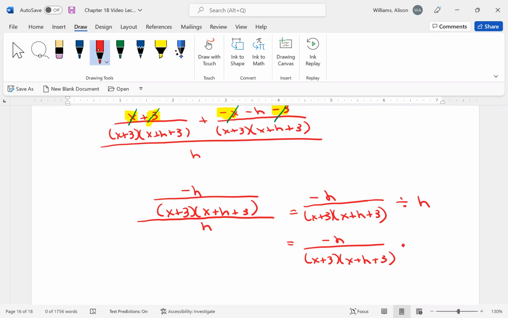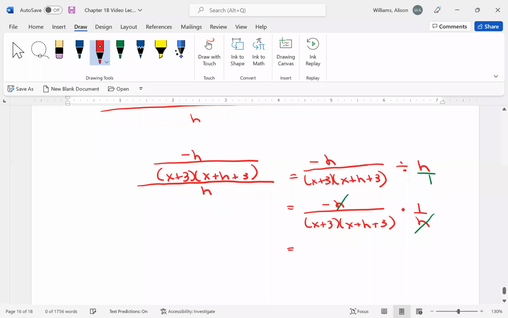So the reciprocal would be 1 over h. And the reason that's useful is because we're multiplying it by h in the denominator, those cancel. There is still a -1 in the numerator. But now in the denominator, we have x plus 3 times x plus h plus 3.